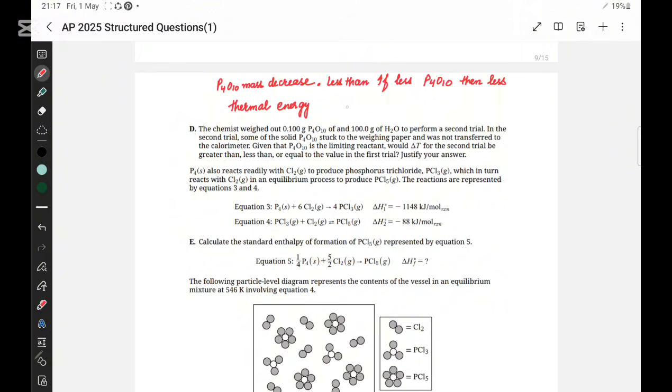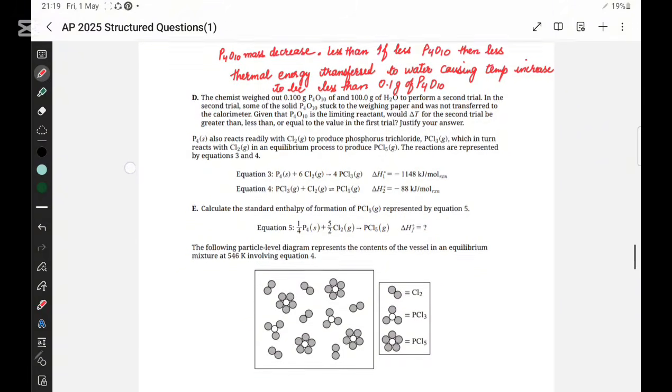So less thermal energy is transferred to water, causing the temperature increase to be less than that with 0.1 gram of P4O10.